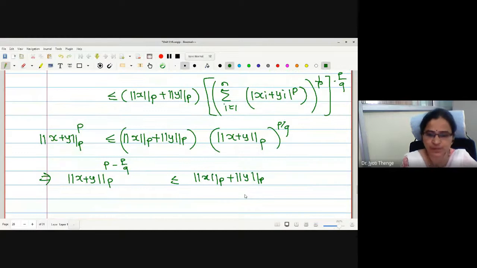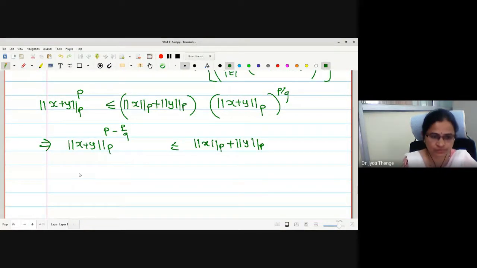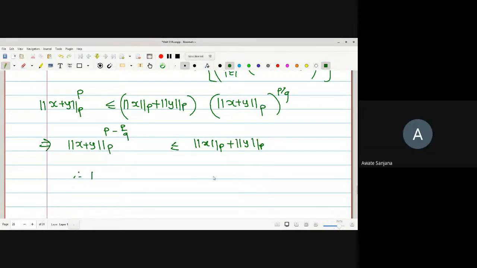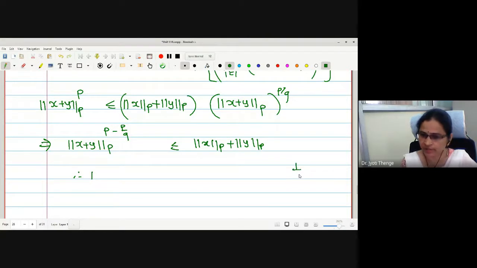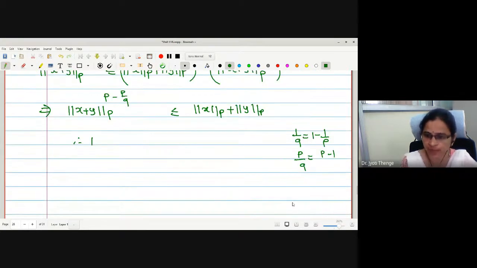What is p minus p by q? Can anyone tell me the value? Equals to 1. Yes, it is equal to 1. Again, let me write 1 by q as 1 minus 1 by p. So let me multiply by p. P by q is p minus 1. Because if I write p minus p by q, this is 1.